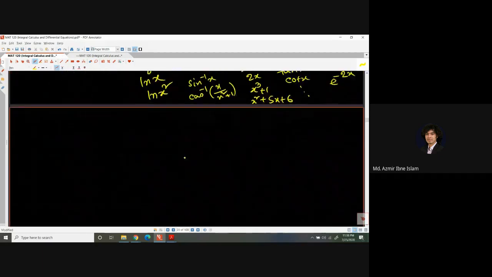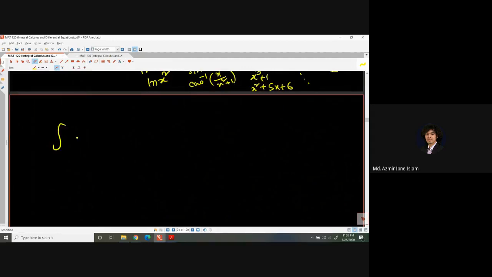I am showing you another example. Suppose we have the integration of e to the power x sine x dx. At first sight we can say this is u, this is v, because we have a product uv, but it is not like that. We have to check, if we remember LIATE, that this is an exponential function and this is a trigonometric function. According to the LIATE method, T, that is trigonometric, comes first, then exponential.